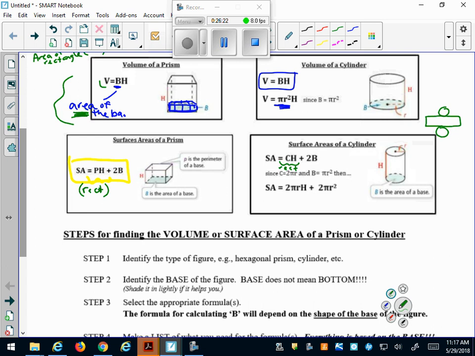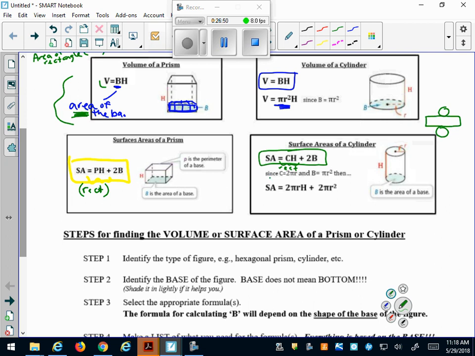So perimeter of a circle is not called perimeter, it's called distance around a circle is called the circumference, right? So instead of pH plus 2B, we have CH plus 2B. It's the same thing, circumference times the height instead of perimeter times height. But it really is the same idea.